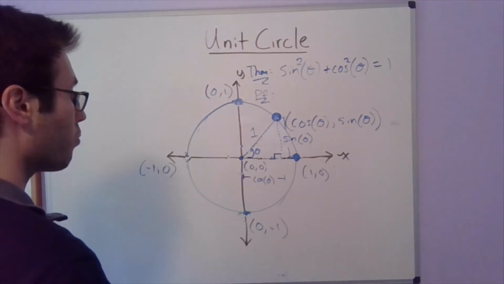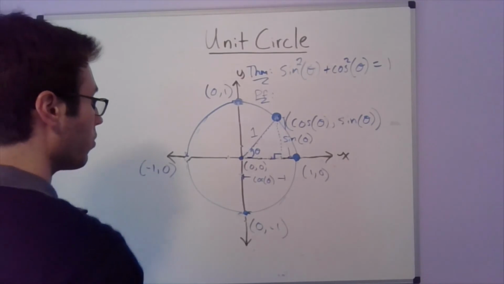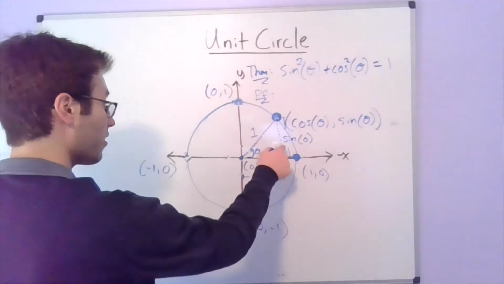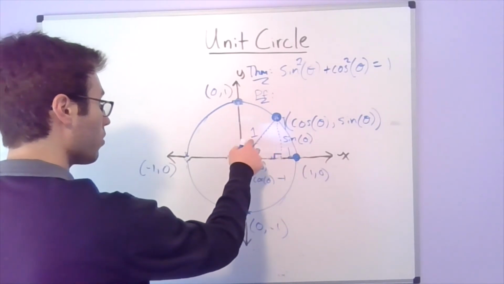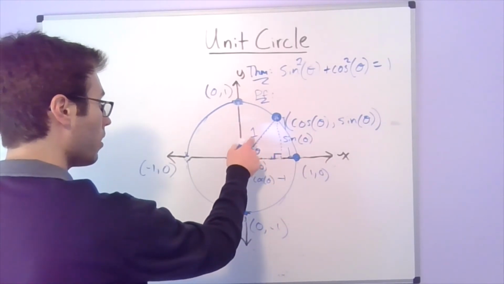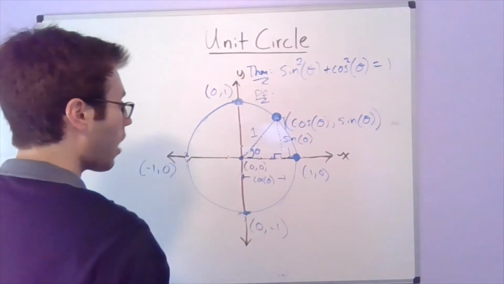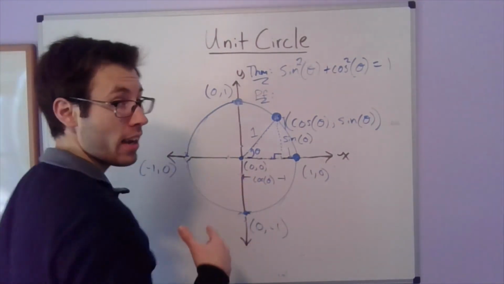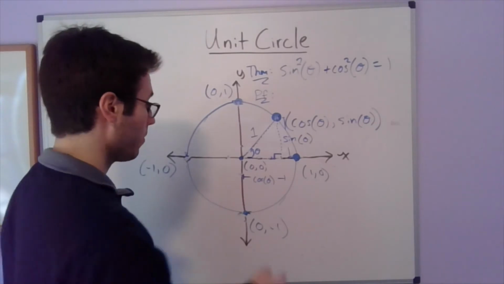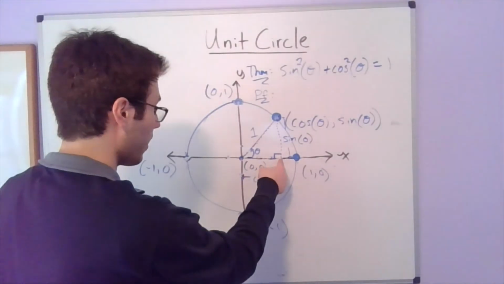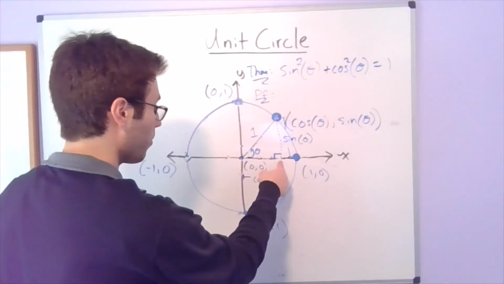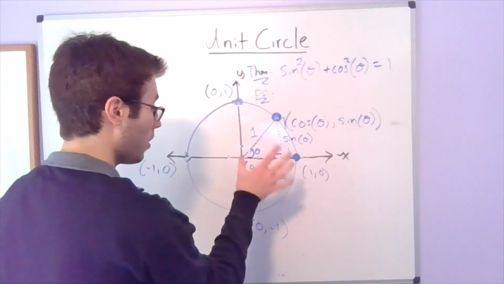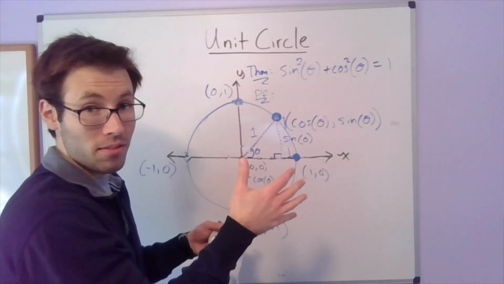So if we're going to try and prove this concept, we would have to prove that cosine squared theta plus sine squared theta equals 1 squared. Now, I also want to point out this. When I refer to length here, if we're considering cosine theta, this value could be negative.